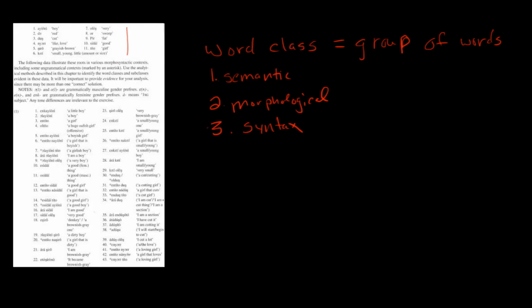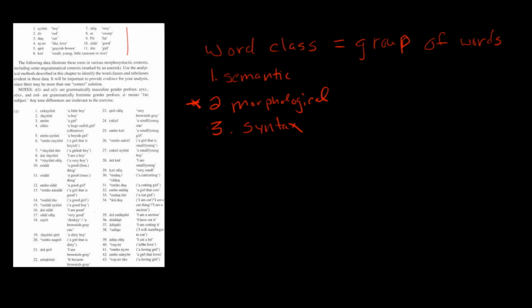I tell all my students that the most important thing is morphology. I think that semantics is really unreliable when you're grouping words together unless you can have support from one of the other two. So I tell my students to look for the morphological evidence first, and then if there isn't any of that, look for syntax, or if there's syntax and morphology, first do morphology and then look at syntax.